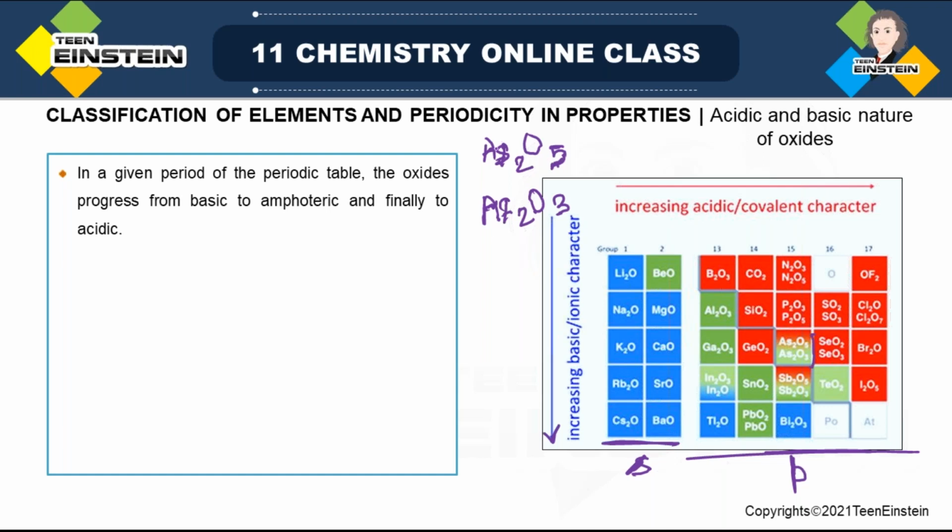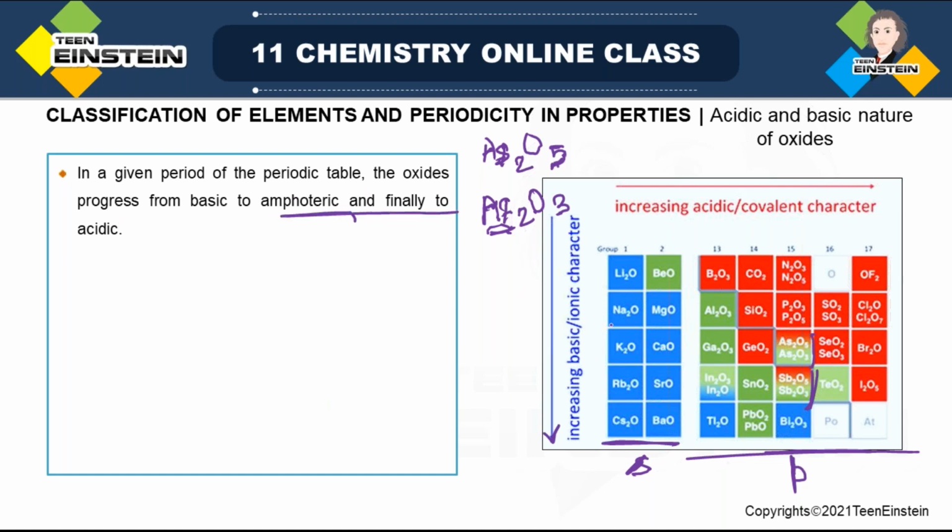So in As2O5, the oxidation state of arsenic is basically +5. But in As2O3, it is +3. So a higher oxidation state means it will be towards the acidic region. Similar is also for Sb2O5, Sb2O3. So in a given period of the periodic table, the oxides progress from basic to amphoteric and finally acidic.